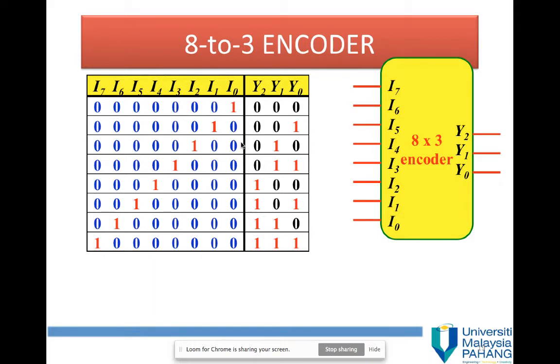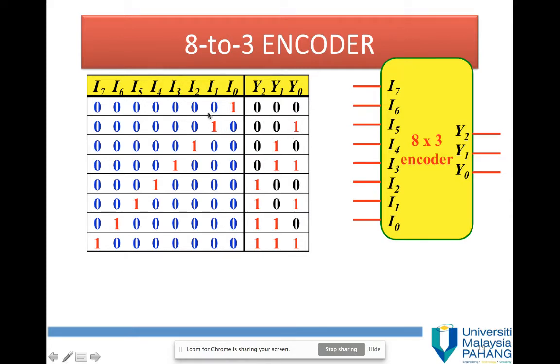If you understand the working principle of the encoder, then it is easy for you to understand the truth table of the encoder. Please remember that in order to get the output of the encoder, you have to see what is the active input. For this example, in the first row, the active input is 1 at I0, so the output is 0, 0, 0. Logic 1 at I1, so the output is 0, 0, 1.